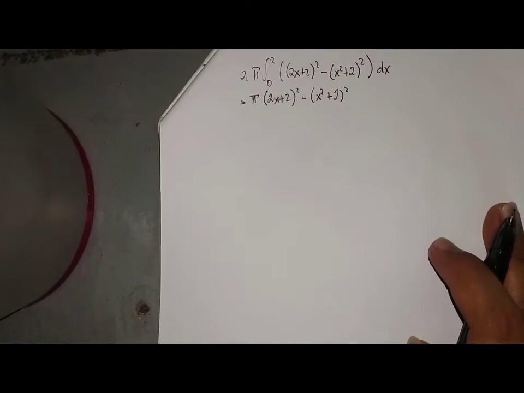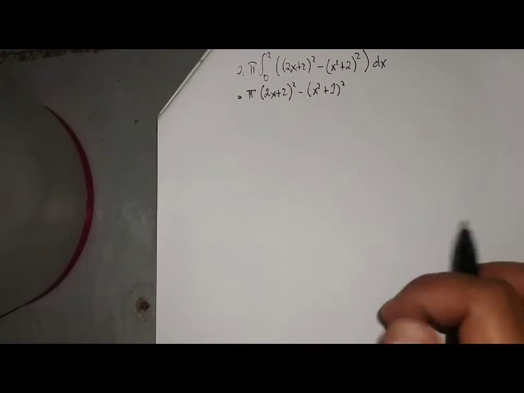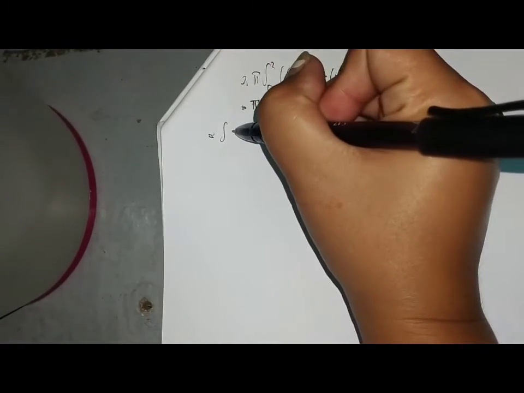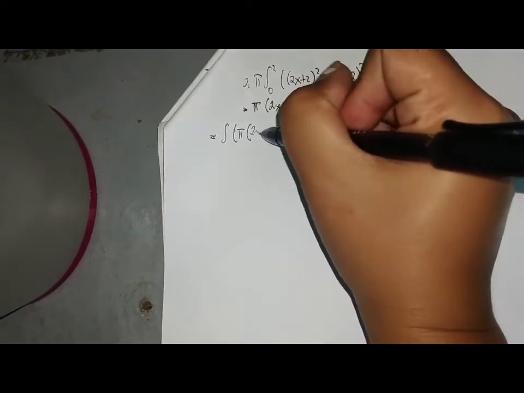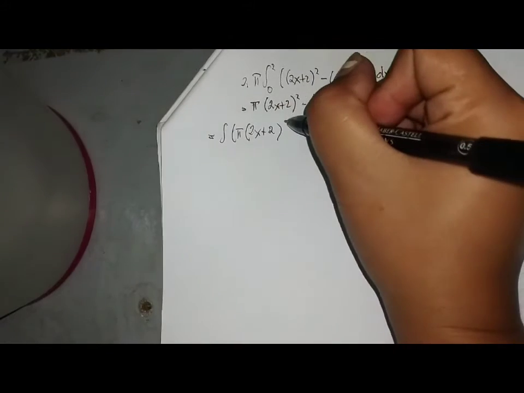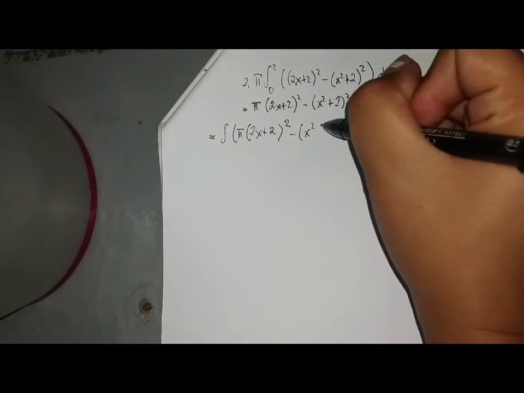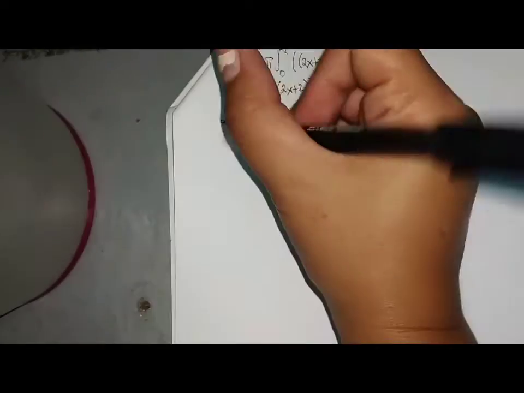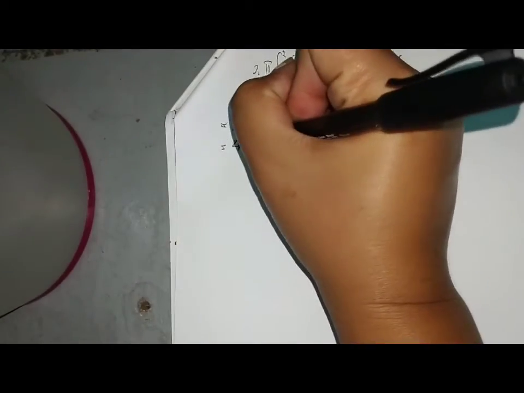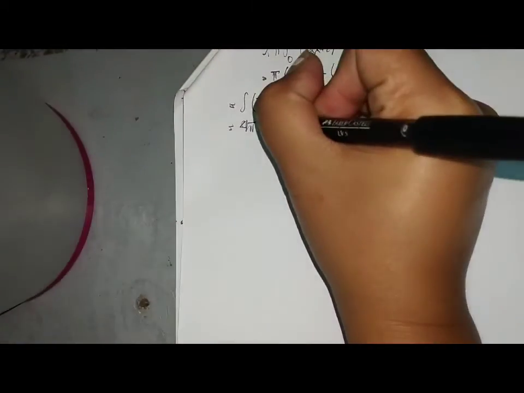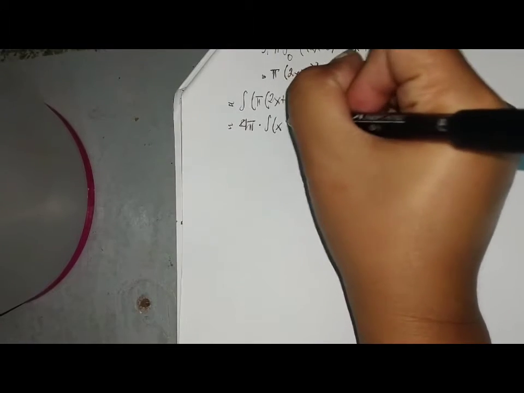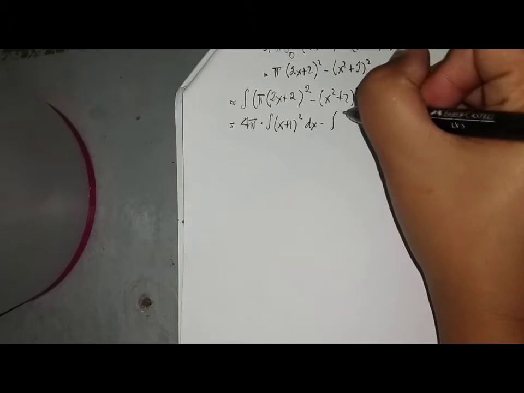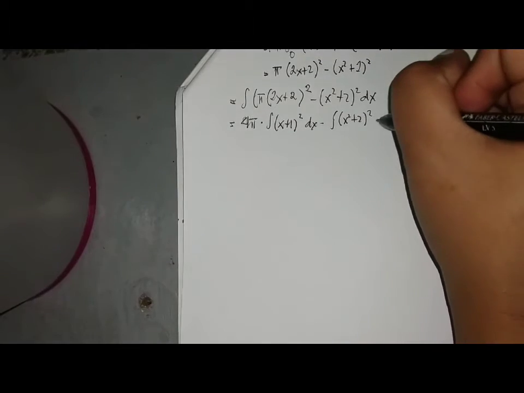Here are the steps in manual integration. First, let's identify the problem. So here it is. Integral pi of (2x plus 2) squared minus (x squared plus 2) squared dx. Now let's apply linearity. 4 pi multiplied to integral (x plus 1) squared dx minus integral (x squared plus 2) squared dx.